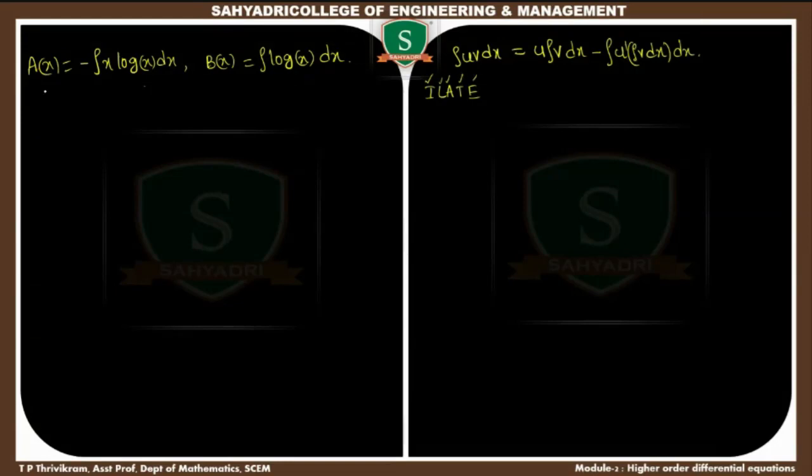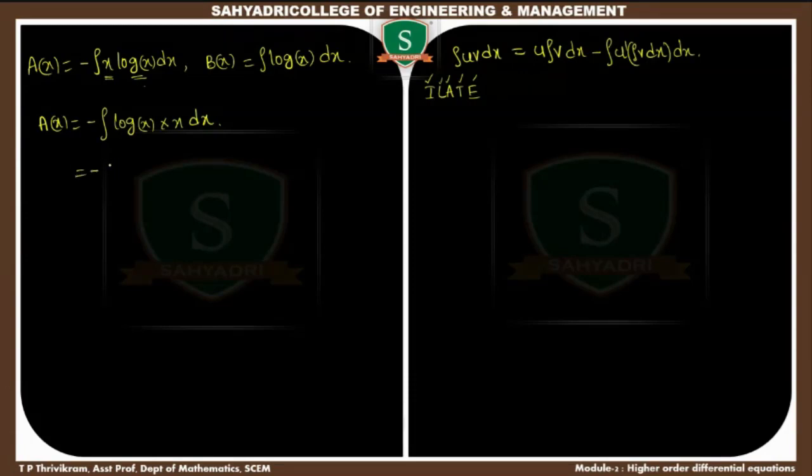So here if you observe a of x, what is it actually? First algebraic is there, then logarithmic is there. So for that sake, what we need to do? Integral log x into x dx. Okay, now apply the uv rule here.